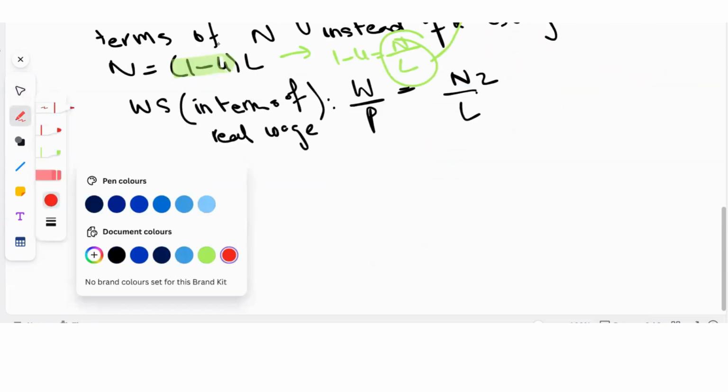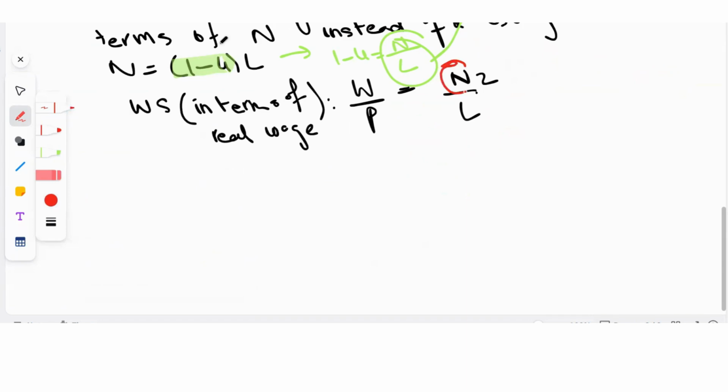Now what do we see over here? We see that there is a positive relationship between the level of employment and the real wage chosen in wage setting. So when you plot it against n, it would be upward sloping. If you plot it against u, it's downward sloping.